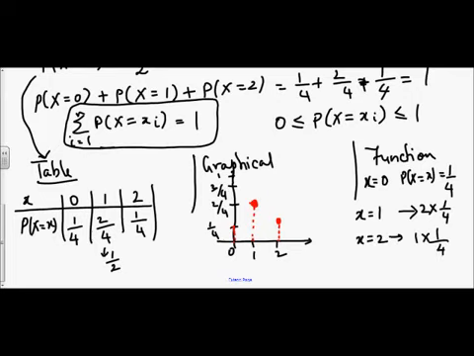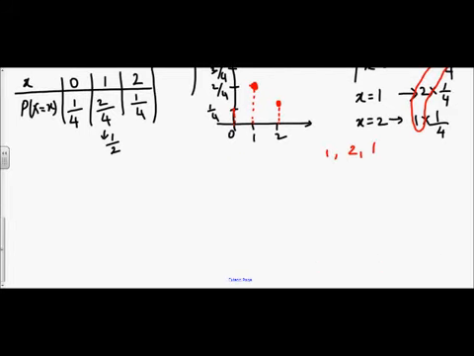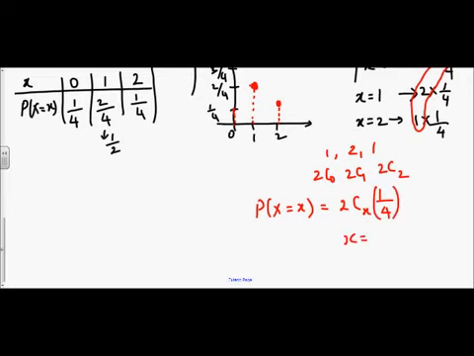So these values, which are 1, 2 and 1, correspond to 2C0, 2C1 and 2C2. So you can write p of X equal to x in this case as 2Cx times 1 over 4, where x takes the values 0, 1, 2. So this is representing this particular probability distribution in function form.